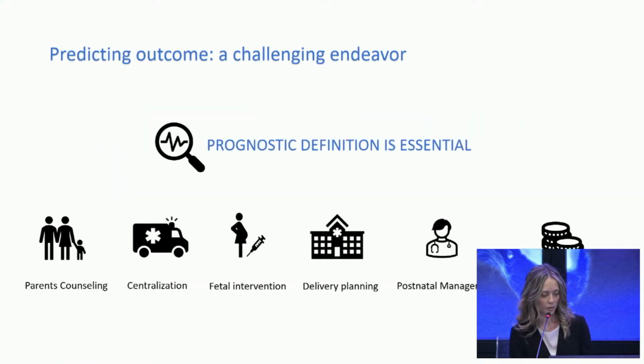But why is prognostic definition so essential? First of all, for counseling the family, but also for centralization and selection of patients for fetal intervention and delivery planning, but also for appropriate postnatal management, in particular for anticipating the need for extracorporeal support, and in general for a more rational resources allocation.